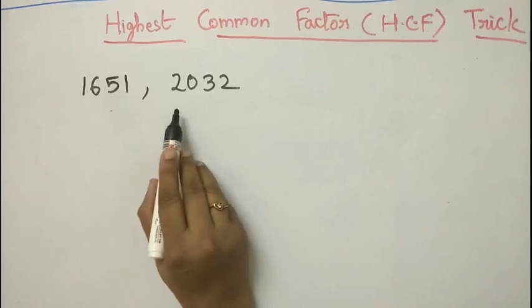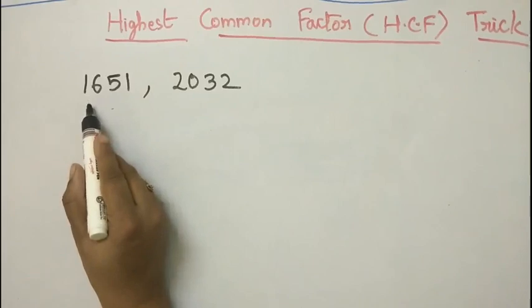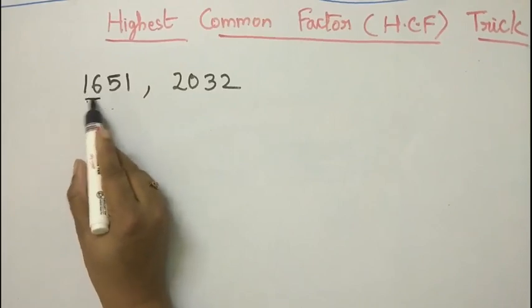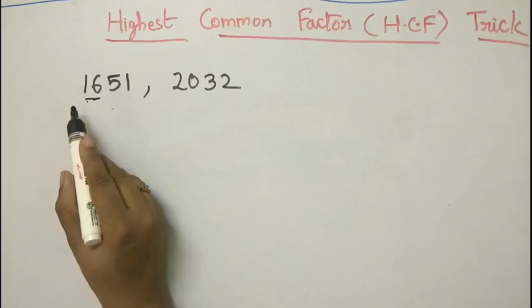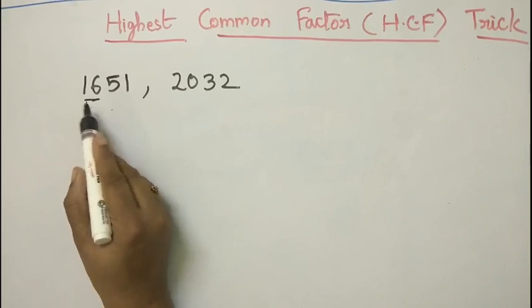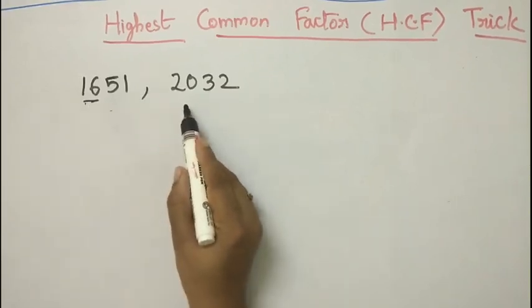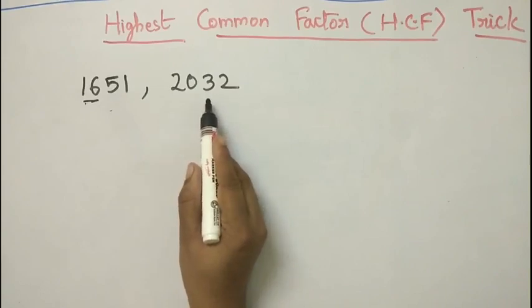Now as it is a 4-digit number, I will check with these two numbers. If you multiply with 2, you will get 32. 16 into 2 is 32. Is it not? So we will definitely get a value greater than 2032.